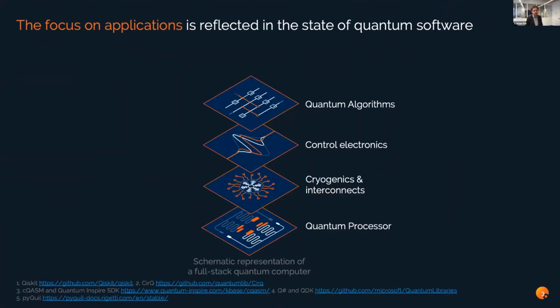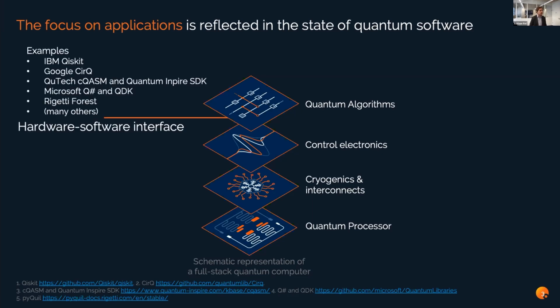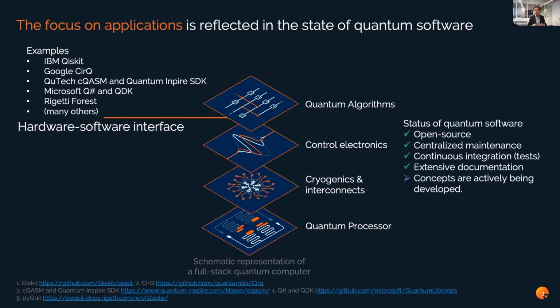Why not take some of the existing open source things? Well, this focus on applications and the end user is really reflected also in the state of most quantum software. So most of the open source frameworks, Qiskit was named before, but pretty much all of them, focus very much on the space of the quantum algorithms. And this is essentially the level they look at. And it's very good. It's usually open source, well-maintained, pushing the envelope on what the state of the art is.